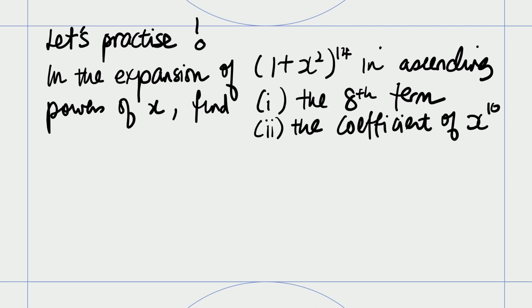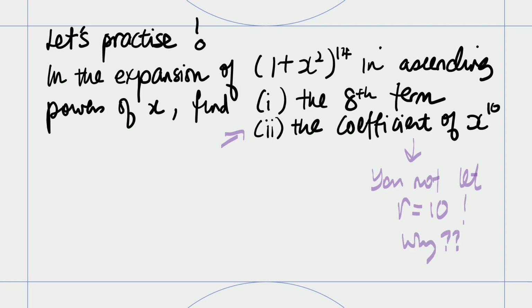Right, let's do some practice. In part 1, to find the 8th term, that will be when r is equal to 7. In part 2, right, you need to be careful. Why do you need to be careful? In this case here, part 2, you do not let r equal 10. Why?